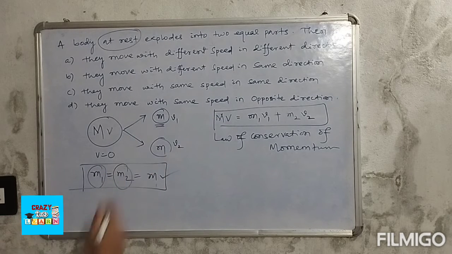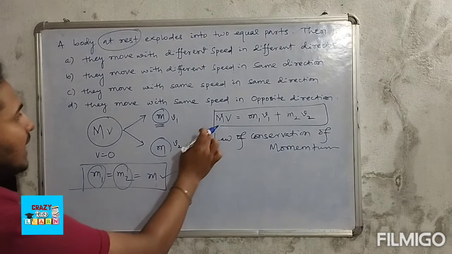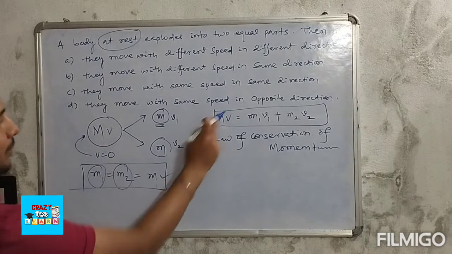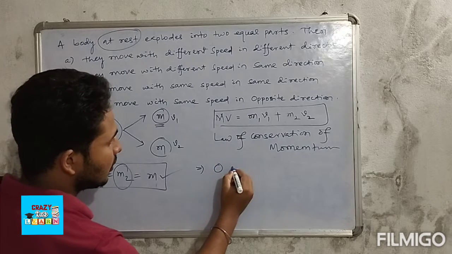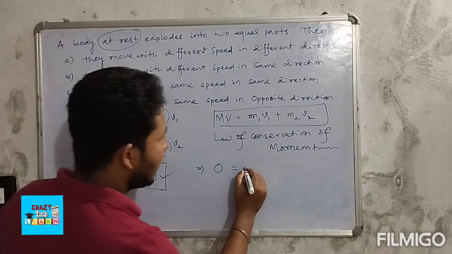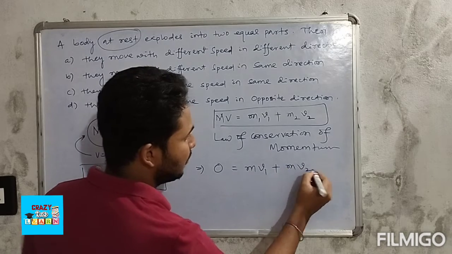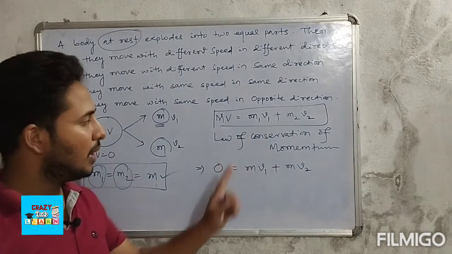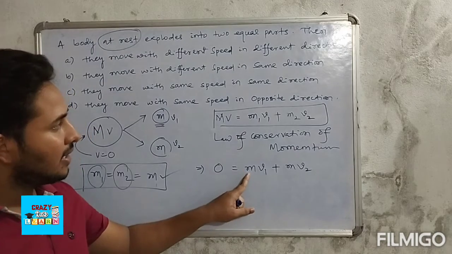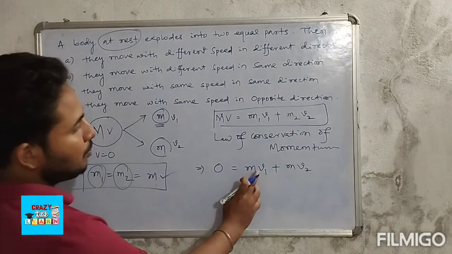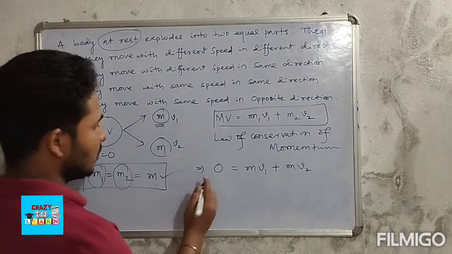Now put this in the above formula. MV is 0, so 0 is equal to m v1 plus m v2, because for m1 I take small m and for m2 also small m. So m v1 plus m v2 is equal to 0.